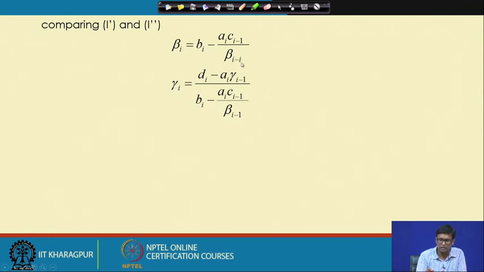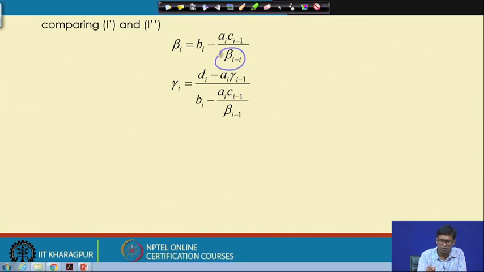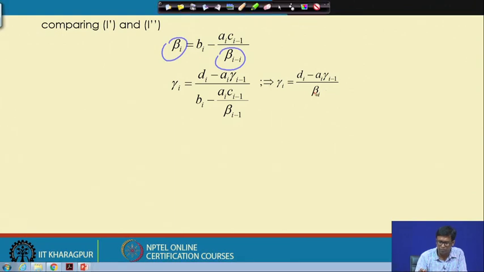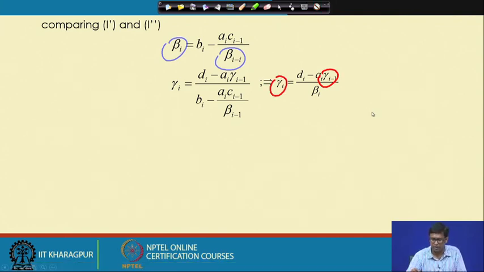So if we know beta I minus 1, we can find beta I, and if we know gamma I minus 1, where this term is nothing but beta I here, then we can find gamma I. Earlier I found beta I, so if I know beta I minus 1 and gamma I minus 1, I can find gamma I, and this is what we are seeking: a recursive relation. We will see why it is important.